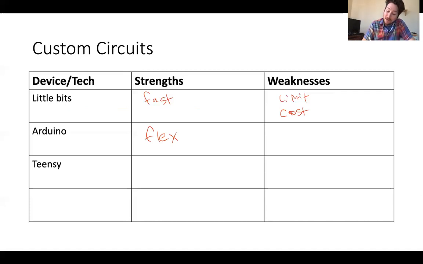Arduino is super cool in terms of flexibility because you're programming the thing from scratch. The weaknesses are also the flexibility. If you're programming things from scratch, you are spending time engineering, developing and coding, learning how to code, building circuits, instead of making music. If you're making a tool for musicians to use, that's totally awesome.